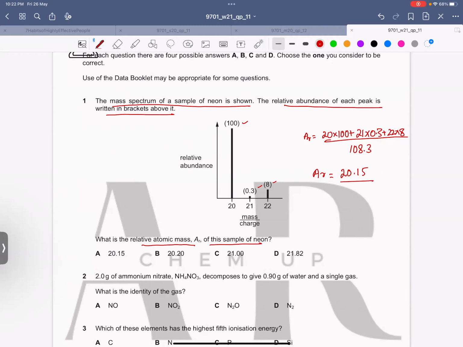Okay, do one more thing over here. I just want to check. For example, if it's 20 times 100, and 21 times 0.3, and 22 times 8, and instead of 108.3, if you divide it by 100, then what is the answer you are getting?